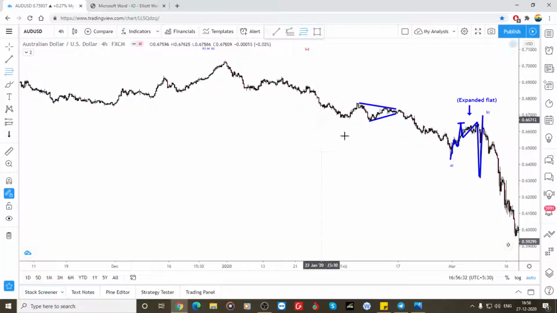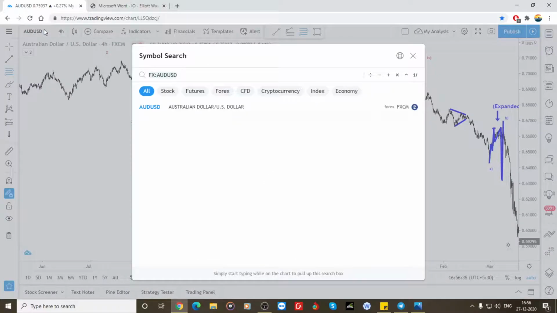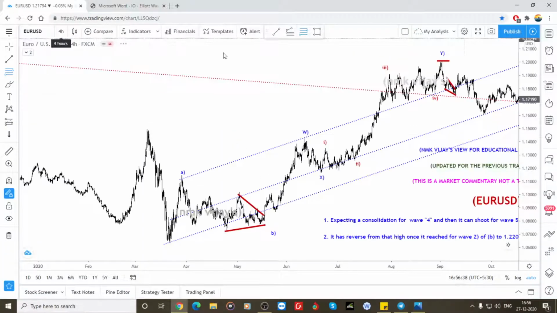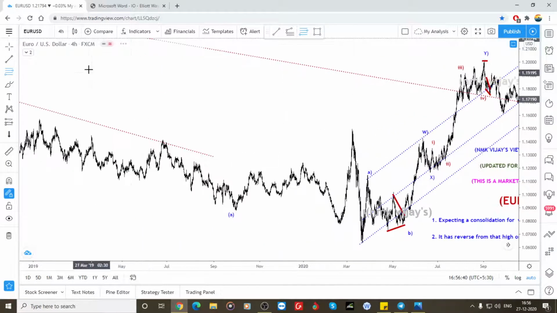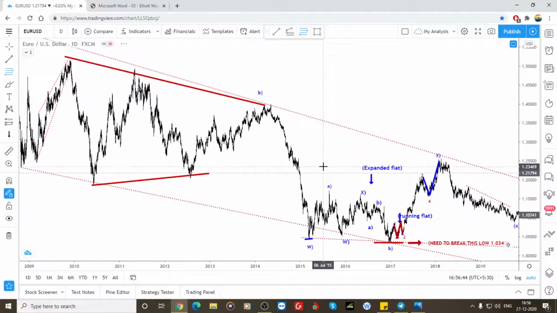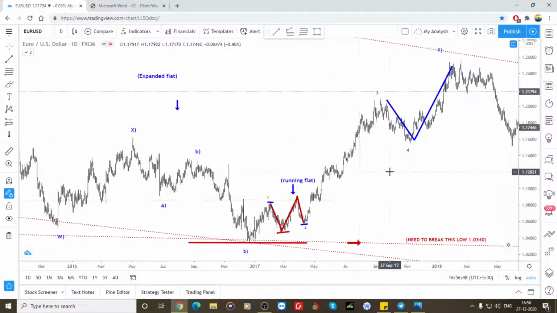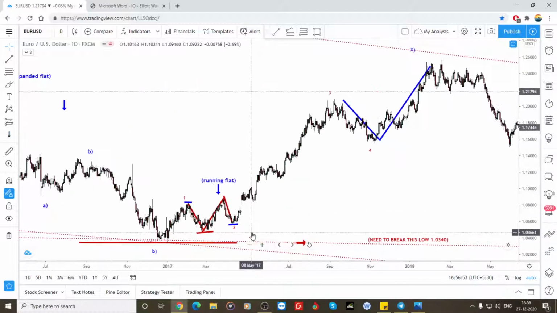So we will go for a regular retracement in EURUSD. Here is the daily chart, and it's an impulsive five-wave structure. In this five-wave structure, wave 1 is completed, and it's looking like a diagonal wave formation.